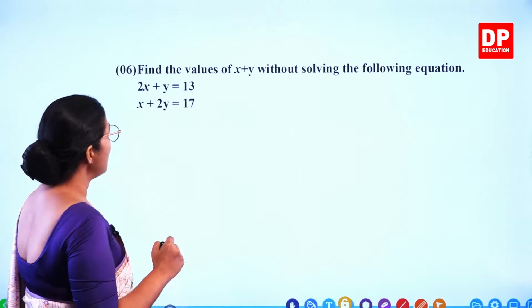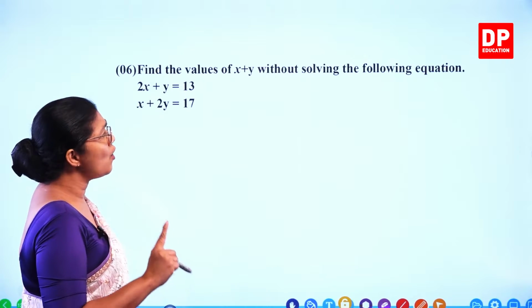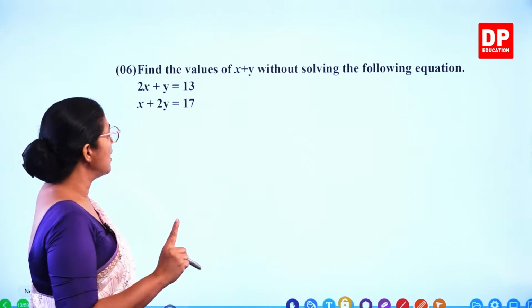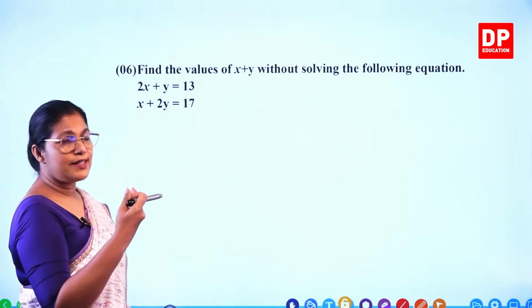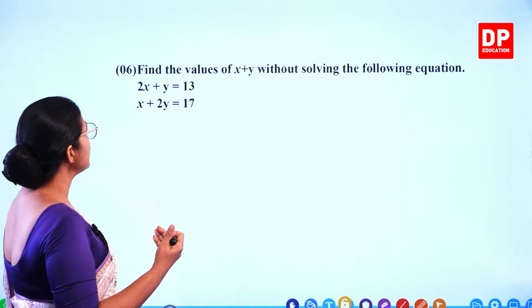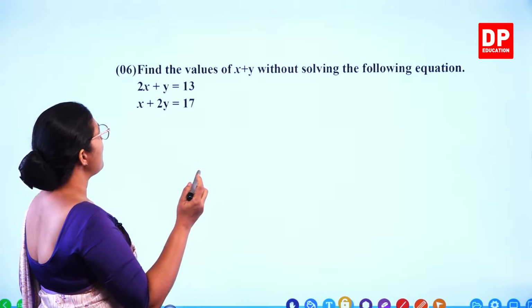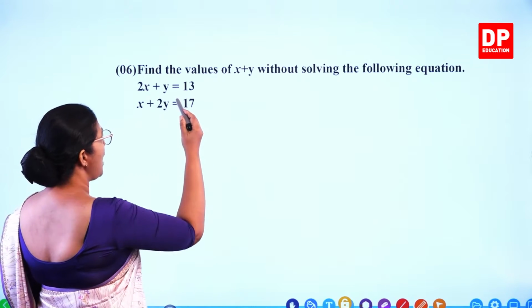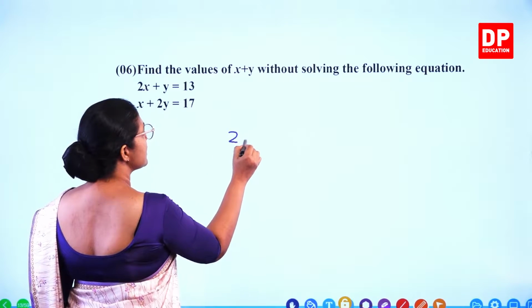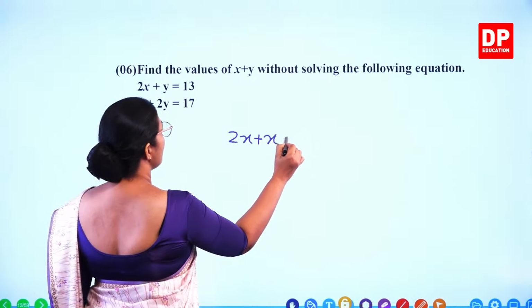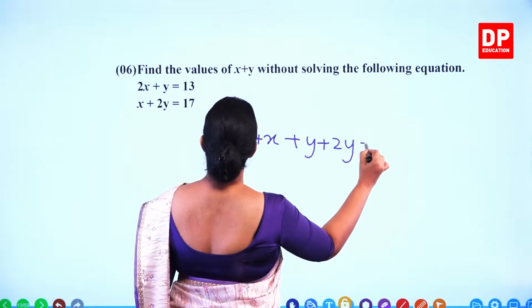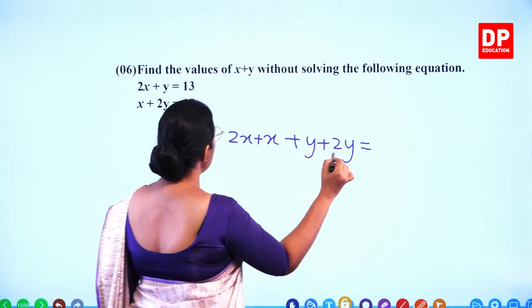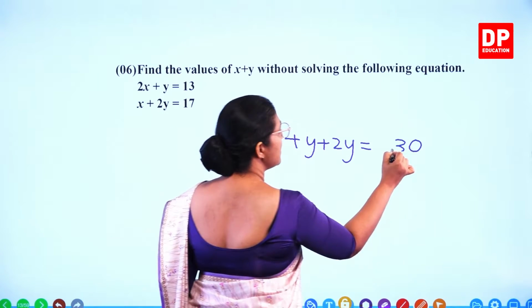Question number 6. Find the value of x plus y without solving the following equations. So you need to get x plus y. Just add the 2 equations. What happens? 2x plus y plus x plus 2y. So that means 2x plus x, y plus 2y equals 13 plus 17. That's 30.